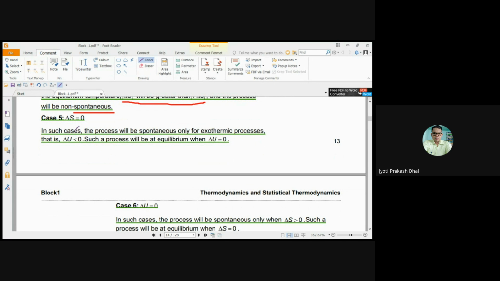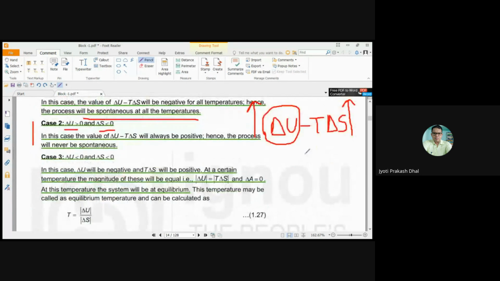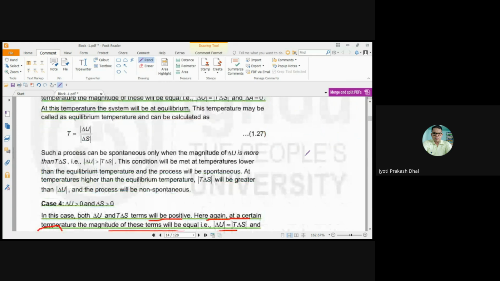Now coming to case 5, where del S equals 0. In such cases, the process will be spontaneous only if the process is exothermic. Here del S equals 0 means this term will be completely 0. So the criterion of the process only depends upon the change in internal energy.